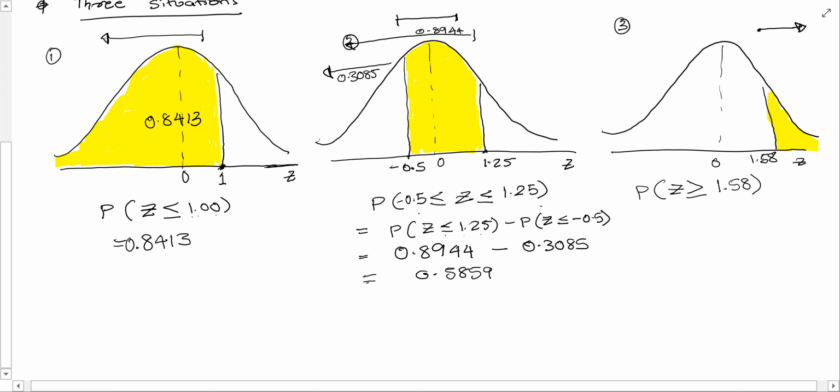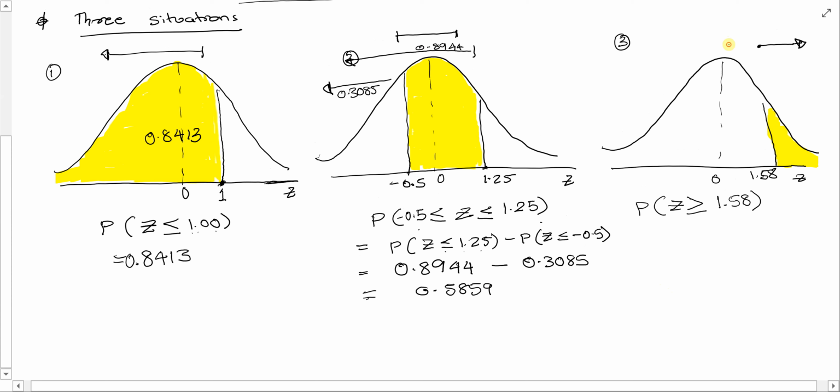By the same logic, remember what the table gives us is the area to the left of some point. Here we are interested to find out the area to the right of some point, and so you can use the idea of probability space, which is that area to the left plus area to the right is equal to 1.